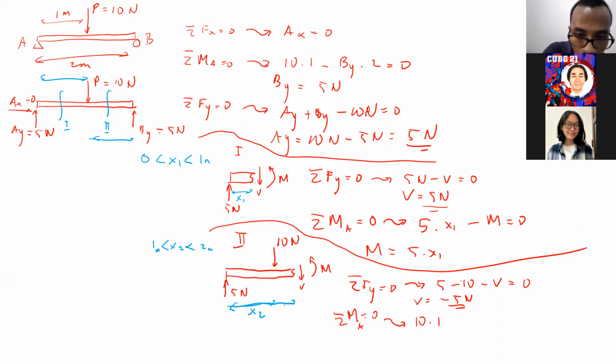Until the cut, it's x2. So 10 Newton multiplied by 1 meter. What else do we have?